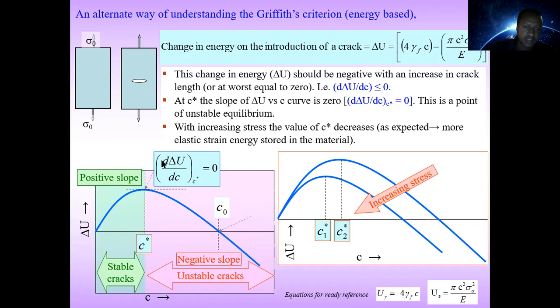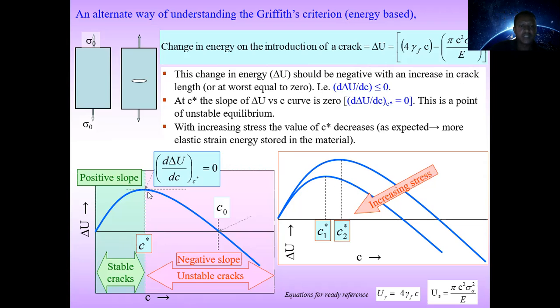Look here, d delta U over dc is 0 at this point. Look, it is 0 here. Here it is a positive slope, and then here it shows a negative slope. In the positive slope region, it is having a stable crack, but in the negative slope region, it has unstable cracks.